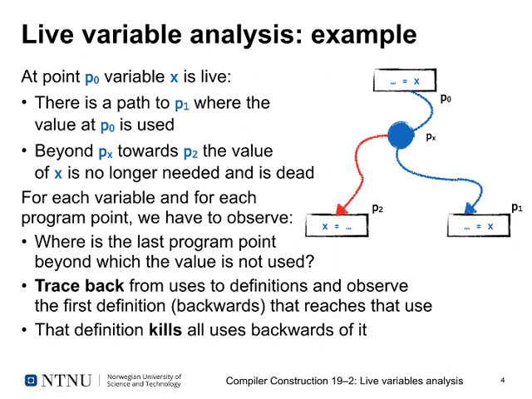And then we have to trace back from the uses to the definitions of variables. And then we need to observe the first definition in backward direction that actually reaches that use. And this first definition that reaches that use kills all uses backwards of it, so further up in our control flow graph.